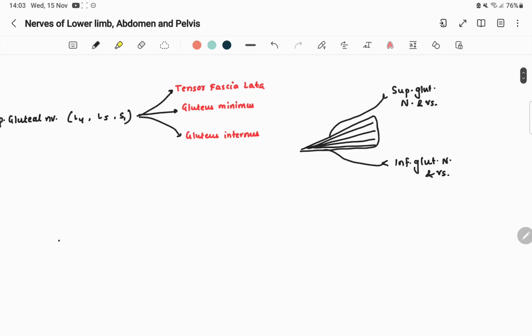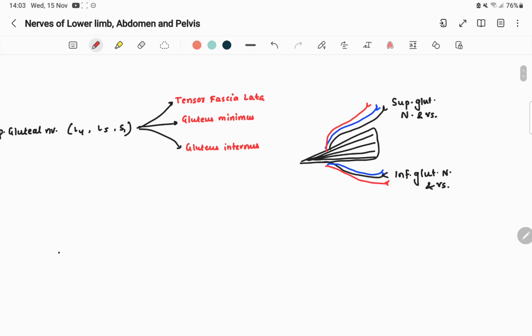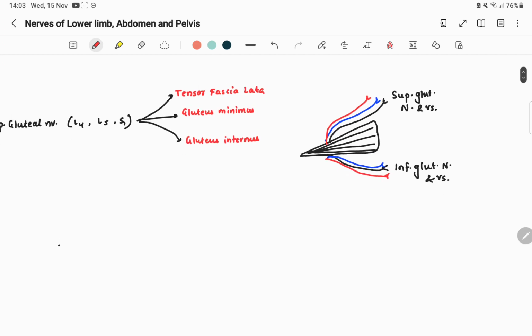So this is the thing. Let's draw the vessels also. This is the superior gluteal vein, this is the inferior gluteal vein, and about the arteries, here is our superior gluteal artery and inferior gluteal artery. The piriformis is the landmark muscle which is separating them both.